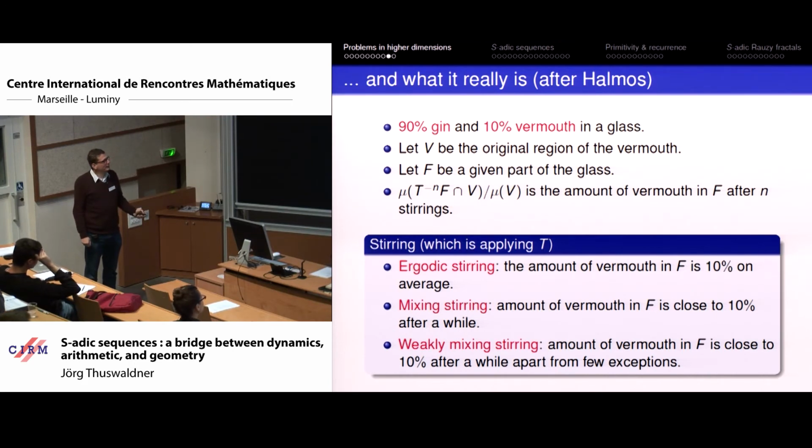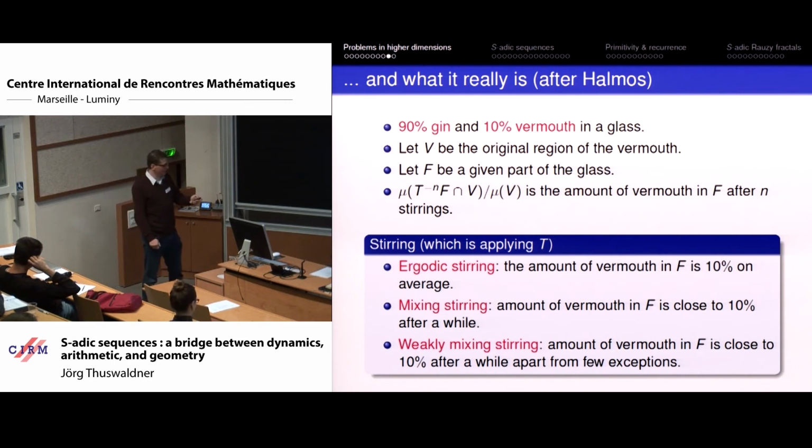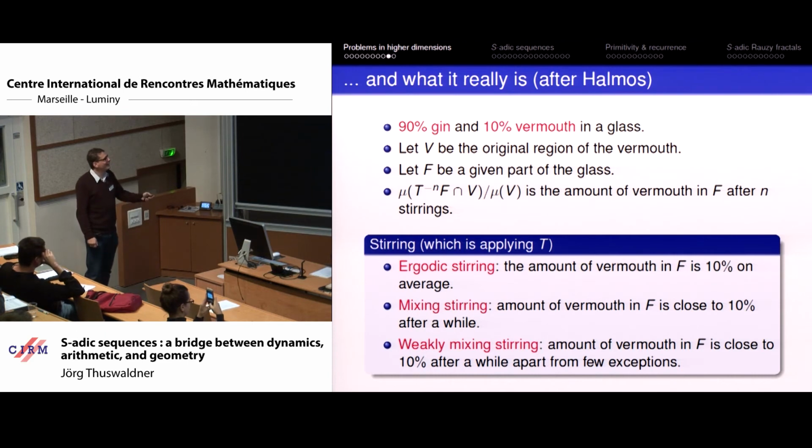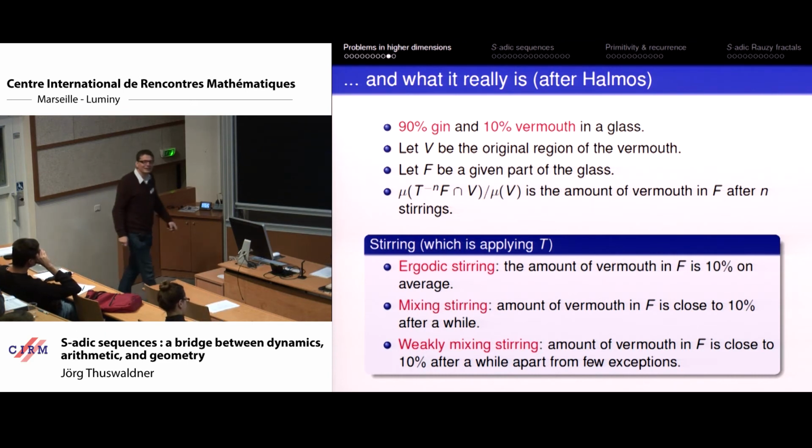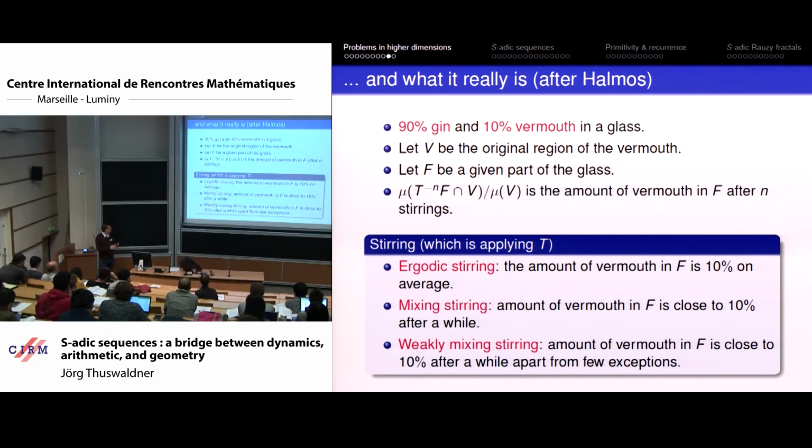And weakly mixing, this is the second best one, this is the one we are interested in, so the amount of vermouth in F is close to 10% after a while, apart from very few exceptions. The few exceptions should be few enough to make this limit go to 0, so we can check that. That's what it is. I like this because now I understand what mixing is. So we are weakly mixing.